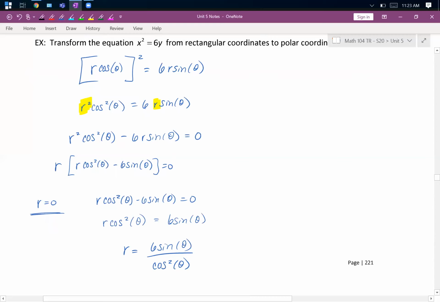Well, you'll notice in this example that we got two answers. We got r equals 0 and r equals 6 sine over cosine squared. Well, we don't really want two equations. What we need to do next is determine whether r equals 0 lives inside r equals 6 sine over cosine squared.